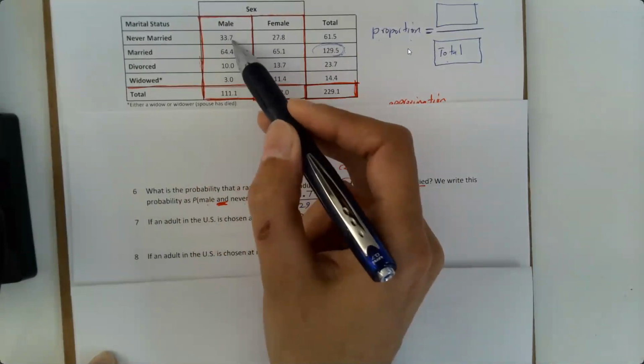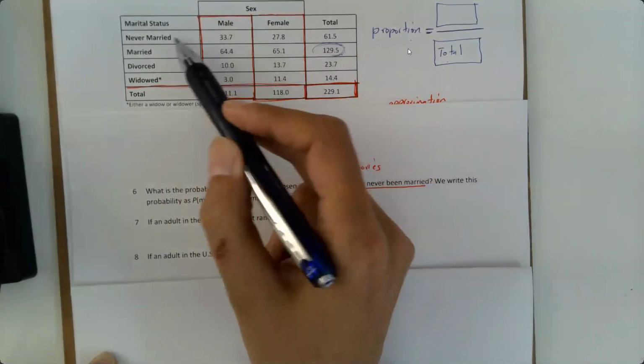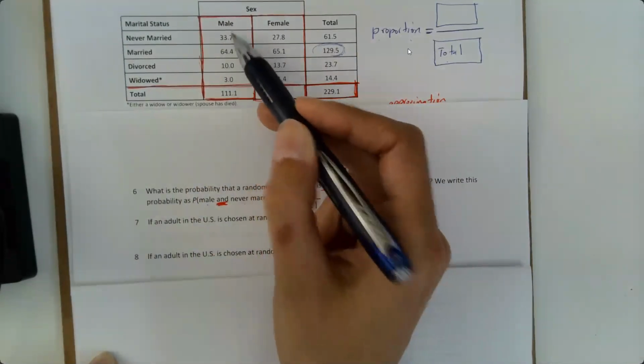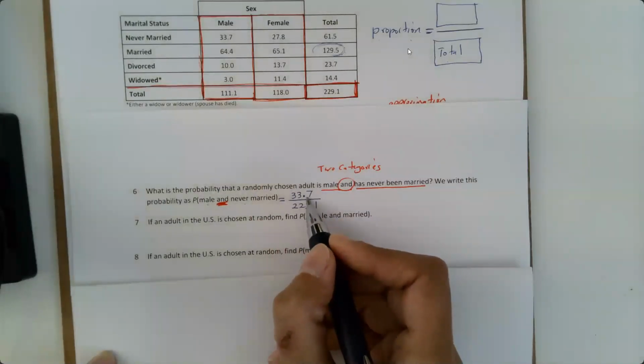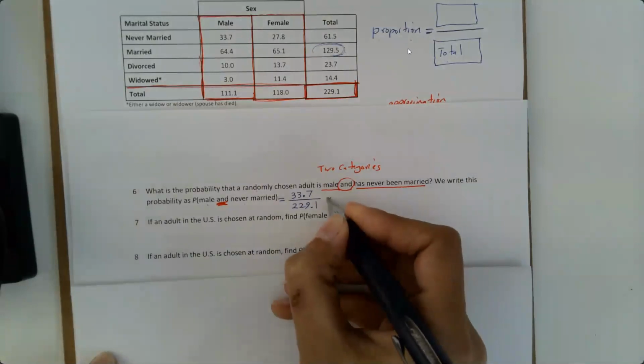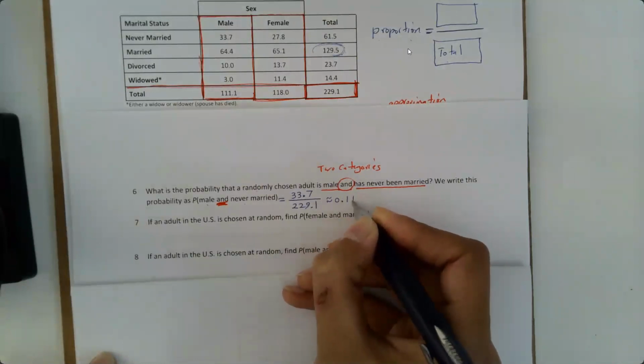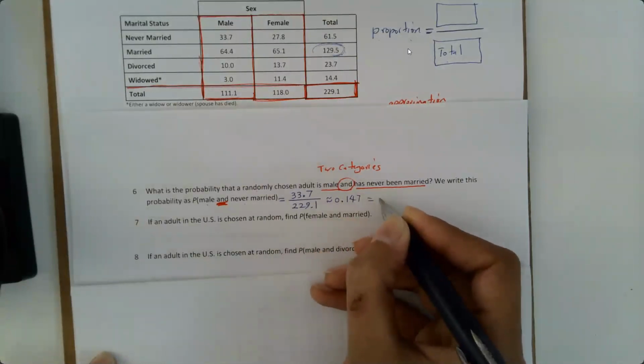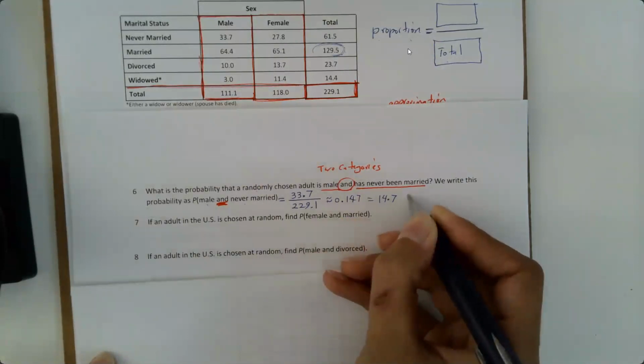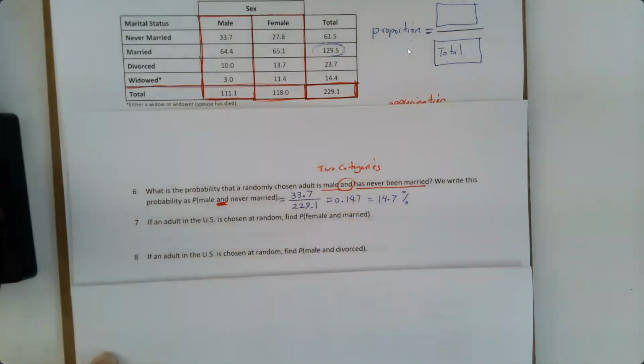They join together at this number, which is 33.7. Let us round this. The approximation is 0.147 or 14.7%.